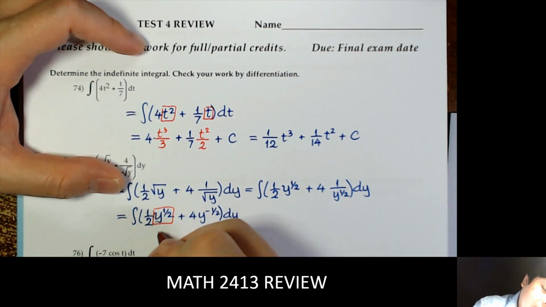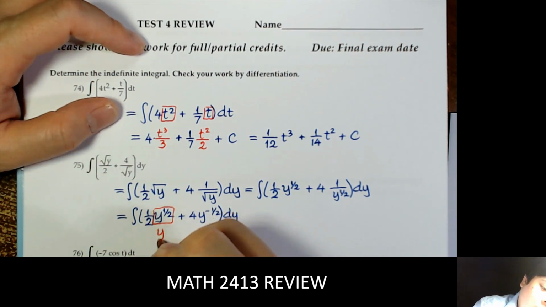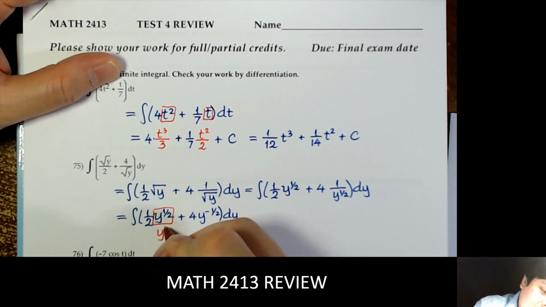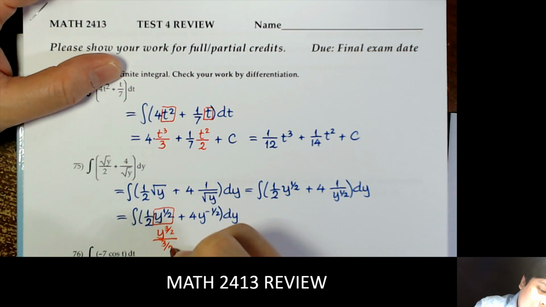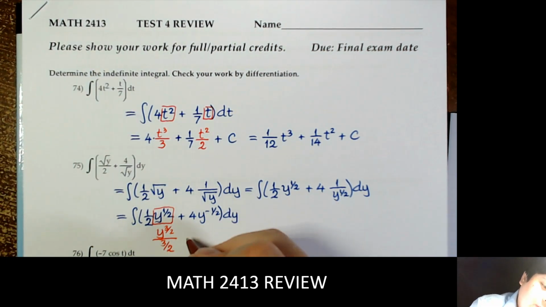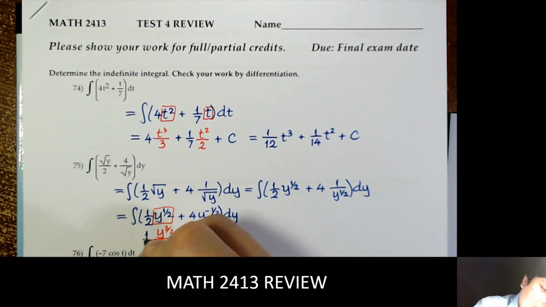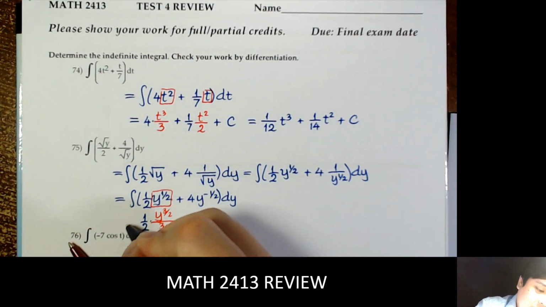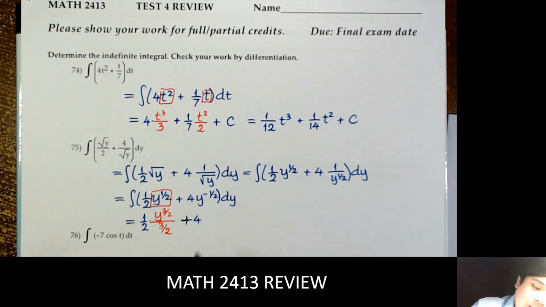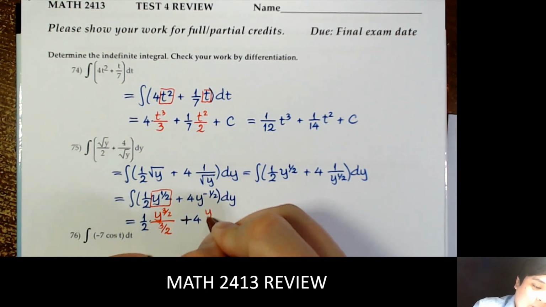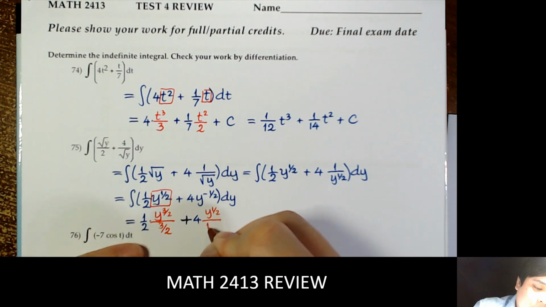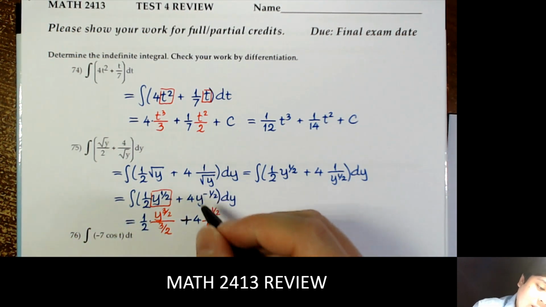Y to the 1/2 is y, 1/2 plus 1 is 3/2. And then plus 4, and then 1/2, all the coefficients stay, and then negative 1/2 plus 1 is 1/2 plus c.